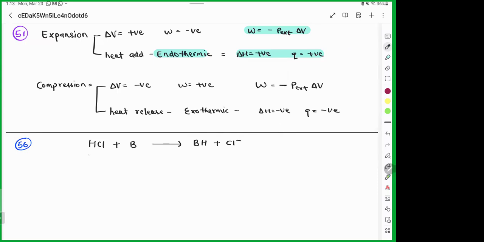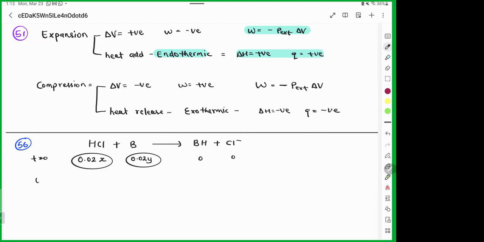Correct? So at the start its value was 0.02 molarity and volume was x, so this is the number of moles of HCl. Number of moles of B: 0.02 molarity is given and volume is y. This is 0, 0 at time 0.